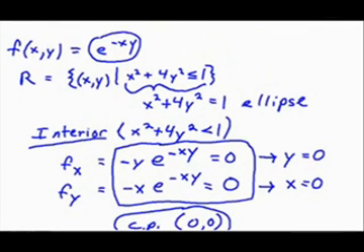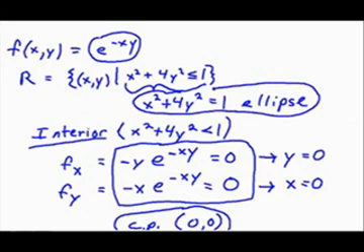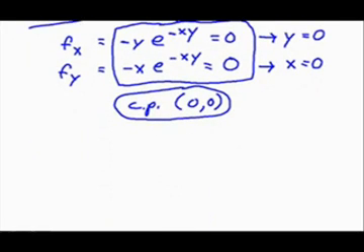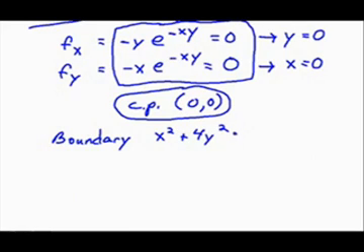Now let's look on the boundary. The boundary is given by the ellipse x² + 4y² = 1, the constraint curve.